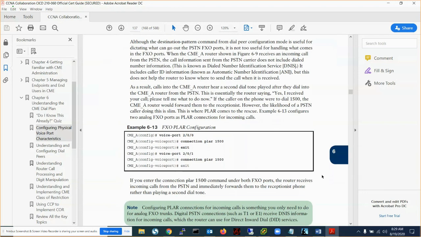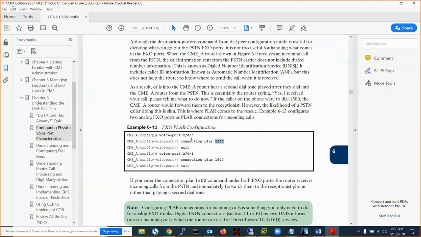The reason why the CME will send the second dial tone is because it wants you to dial an extension. Remember, it had an auto attendant telling it to dial an extension, so people who know will dial an extension, but people who don't know will get confused. So what PLAR will do on those lines, once you put in this command with the operator extension, is connect on both lines.